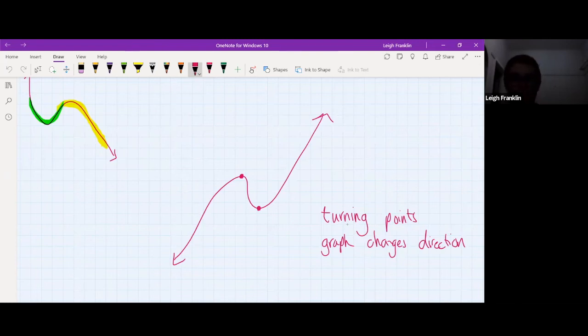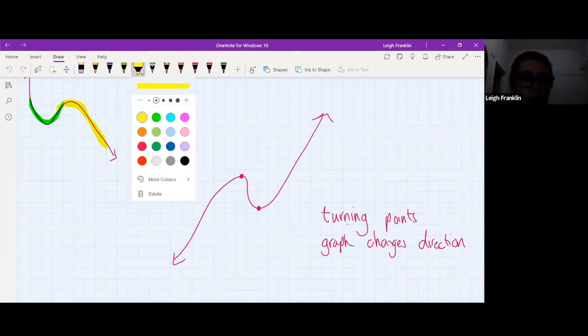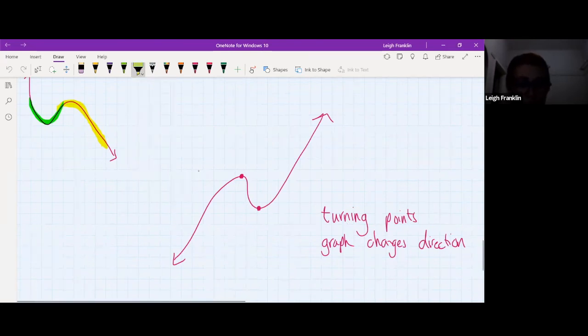What we would see for this particular function is that before the first turning point, the gradient over here is positive or negative, guys? And it's the same over here. The gradient over here is positive.